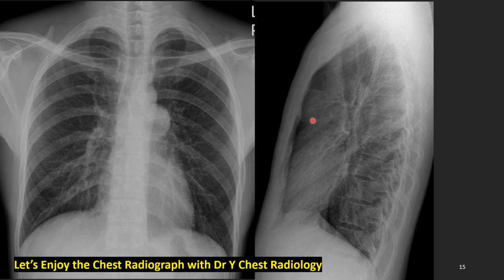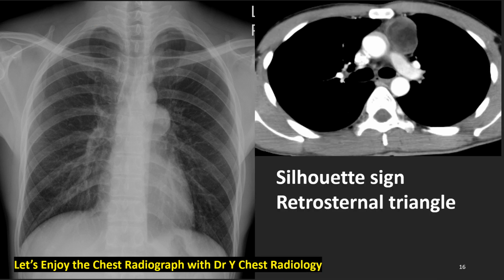And look at this lateral film. It's in retrosternal location, so prevascular compartment tumor. On this axial contrast-enhanced CAT scan, we see the round, well-defined margin, prevascular in location, not touching pulmonary artery, not touching aorta.